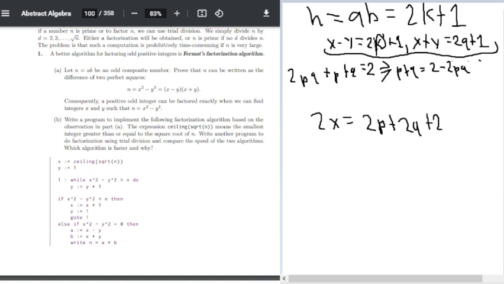Plus 2, right? 2p plus 2q plus 2. Or that x is just equal to p plus q plus 1. So, let me double check that because that seems like a kind of powerful step. So 2p plus 2q plus 2, we get that x is equal to p plus q plus 1.